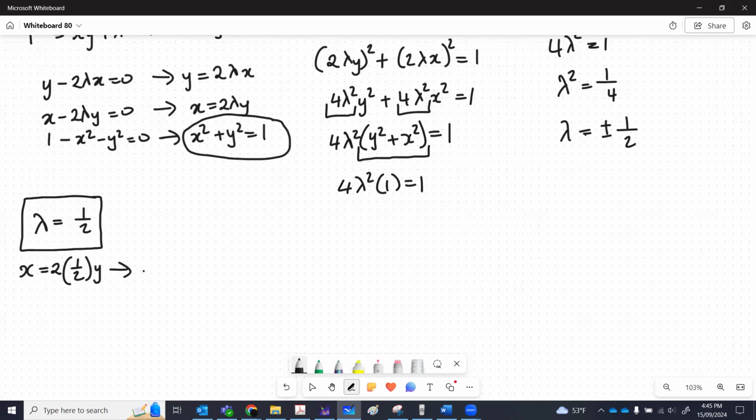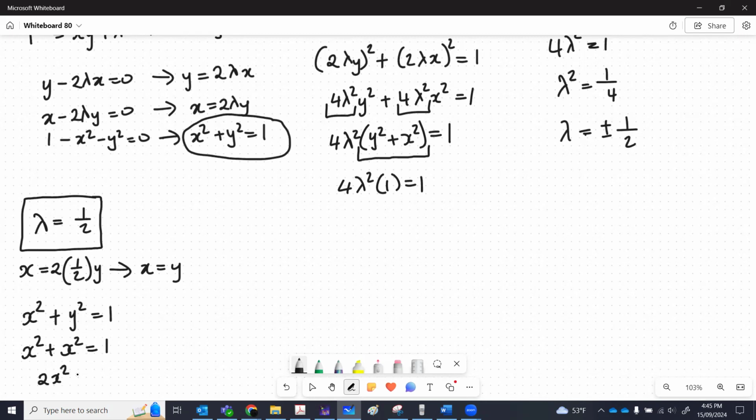So this just means x is equal to y. Then I can substitute it over here. So x is equal to y, so in the equation x squared plus y squared is equal to 1, instead of y squared, I just have x squared because x is equal to y. So instead of y squared, I have another x squared is equal to 1.